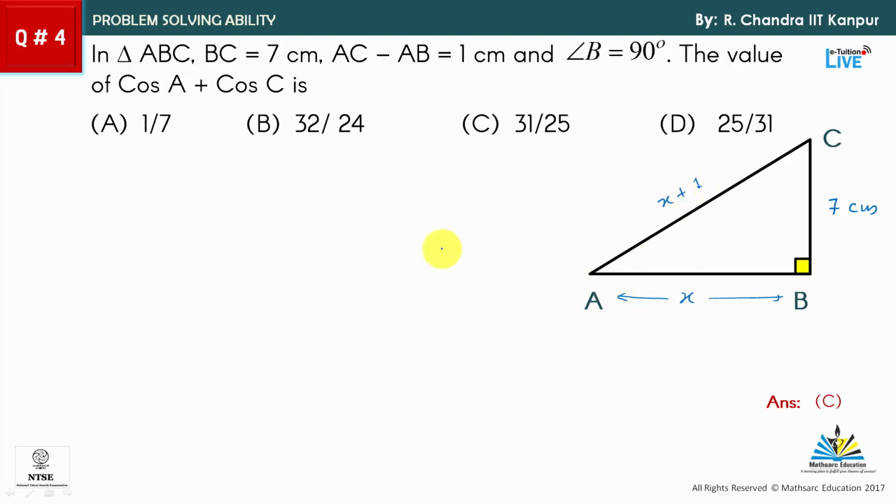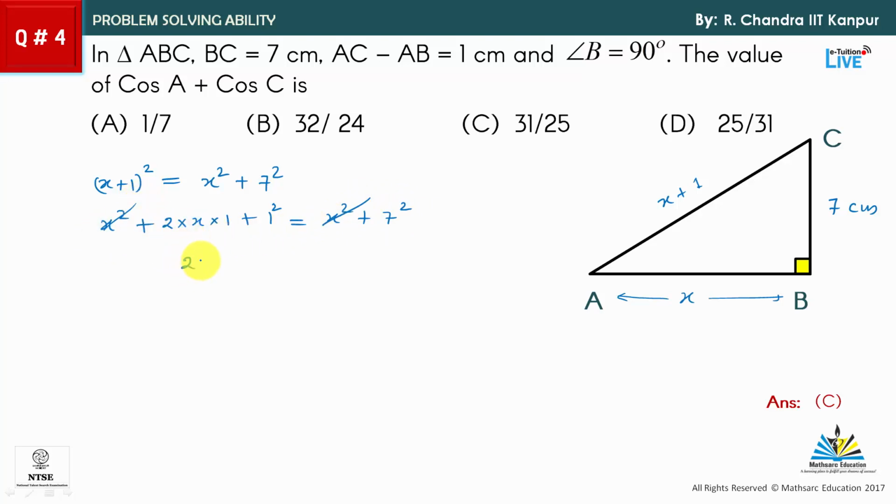Since ABC is a right angle triangle, this must follow the Pythagoras theorem. That is (x plus 1) whole square is equal to x square plus 7 square. So (a plus b) square is a square plus 2ab plus b square: x square plus 2x into 1 plus 1 square, that is 1, is equal to x square plus 7 square. You can cancel this x square.